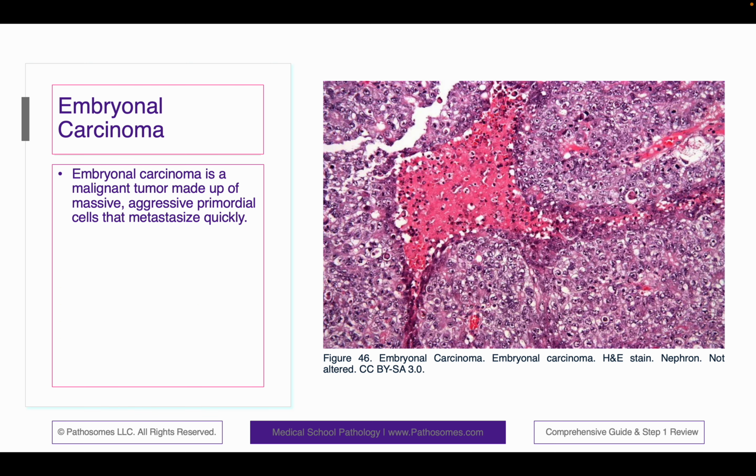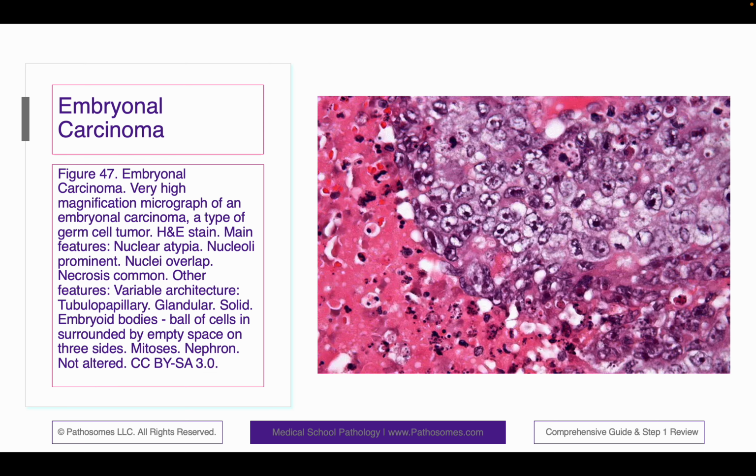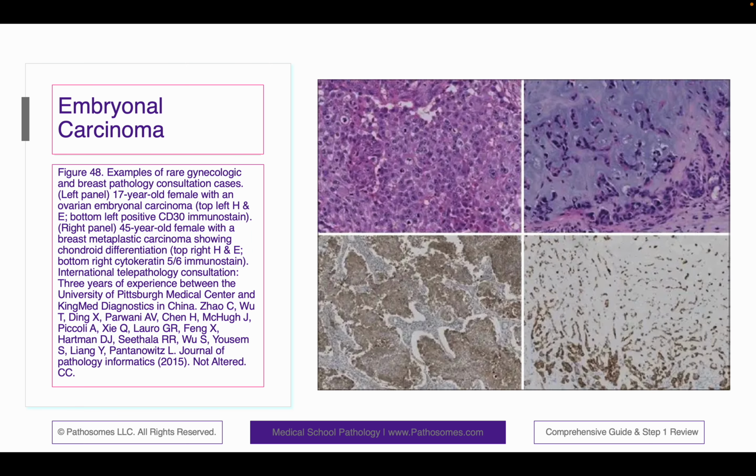Now, an embryonal carcinoma is a special type of malignant tumor because it's made up of massive, aggressive primordial cells that metastasize quickly. To the right here, we can see the embryonal carcinoma's histologic features. Now, take note of the nuclear atypia, the prominent nucleoli, and even the necrosis. And here we have various samples of rare gynecologic and breast pathology consultation cases.